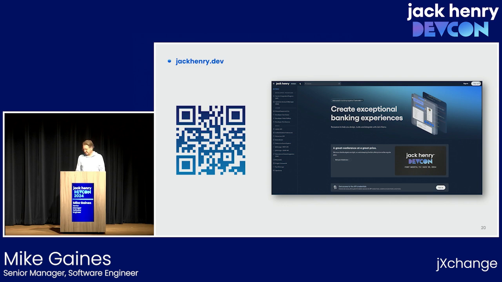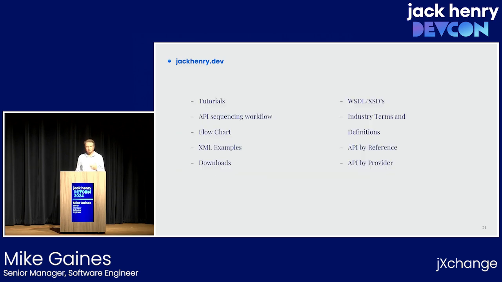We have tutorials, so very common scenarios. You can go out there and say, I want to know how to perform a certain sequence of activity and get to an end result. We have tutorials that we're adding to all the time. We have workflows or diagrams that tell you what API to start with. I need to create a new customer and then an account.